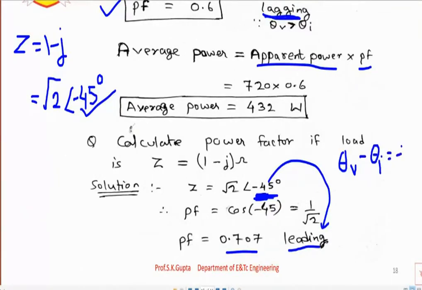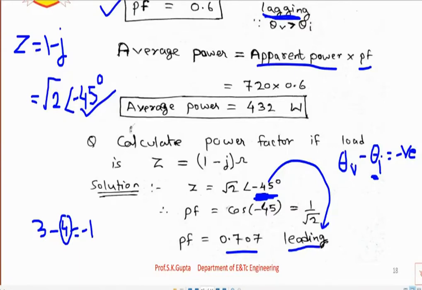When will I get this quantity as negative? Whenever theta I is greater than theta V. Suppose 3 minus 4. Then what is my answer? Negative, minus 1. Right? So whenever the second quantity is greater than the first, only then I will get the negative.